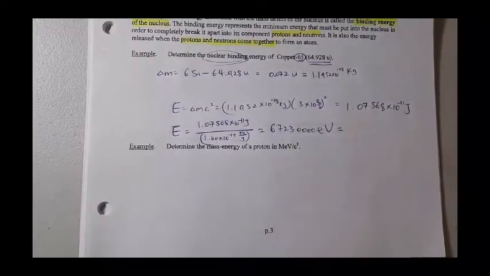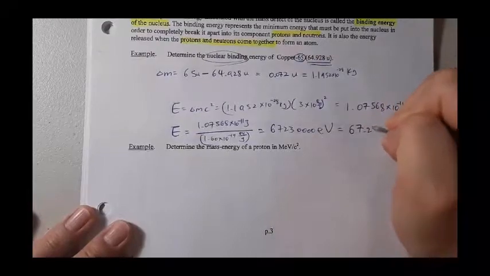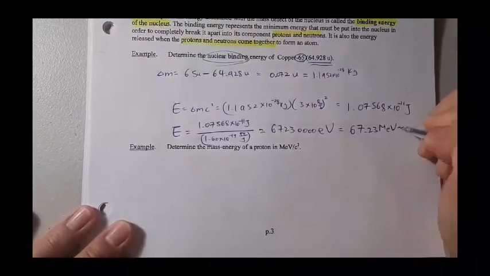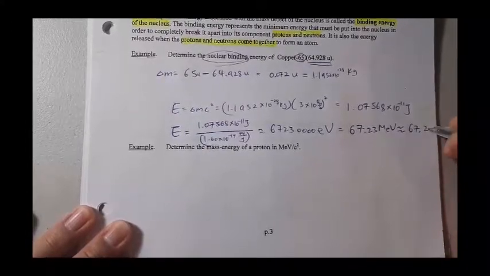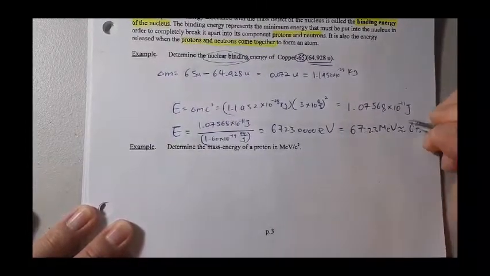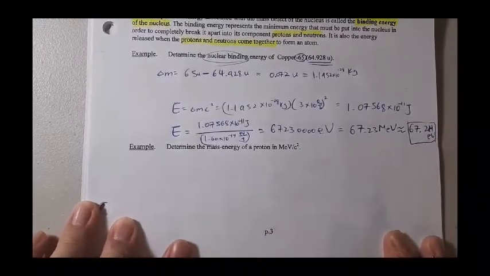I believe you will know, divided by a million will make it into mega electronvolt. So 67.23 mega electronvolt is my energy, or you can just say 67.2 mega electronvolt as a rounded answer. That is what I want to point out.